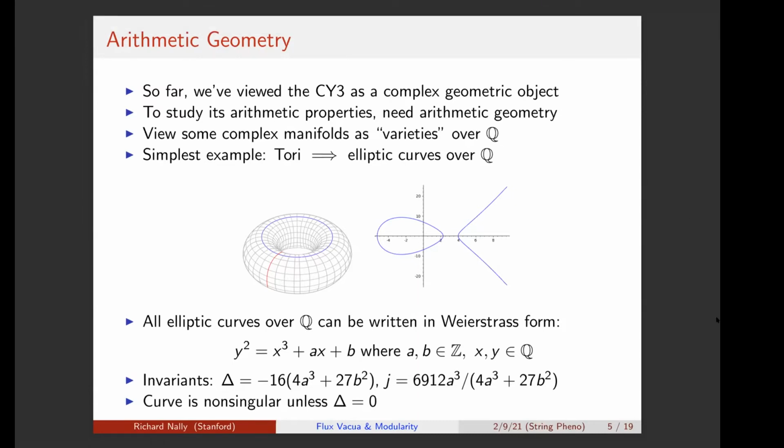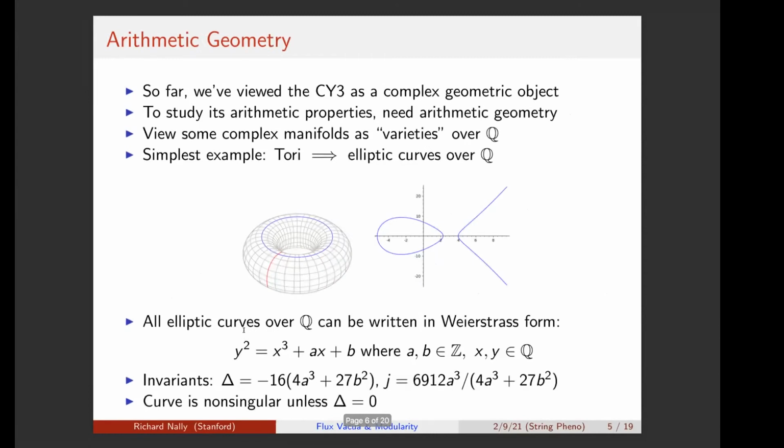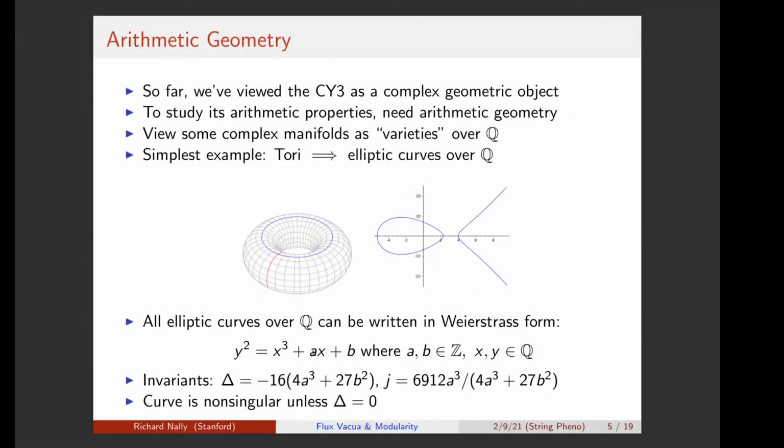So I've told you what an elliptic curve over Q is. Now I should tell you what you do with it. So if I give you an elliptic curve like this defined over the rationals, so where a and b are integers and x and y are rational numbers, you can reduce it over finite fields F_p. And to do that, you literally just take these integers a and b and you replace them with their reduction mod p.